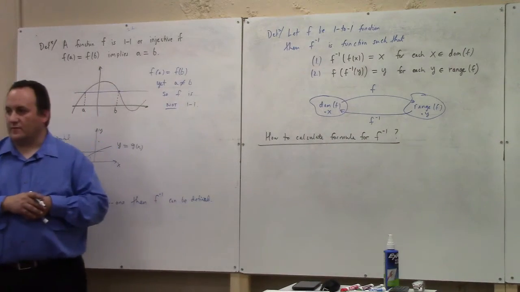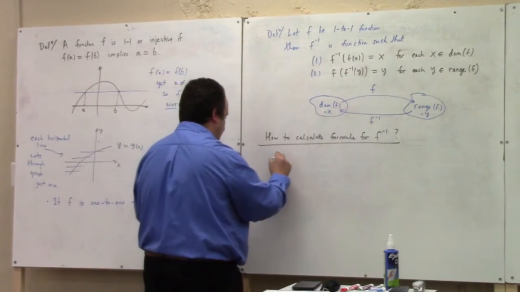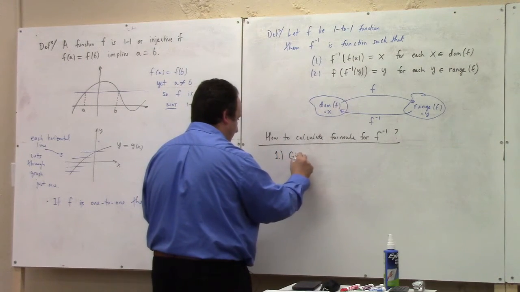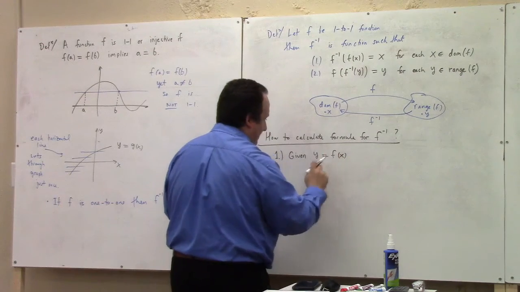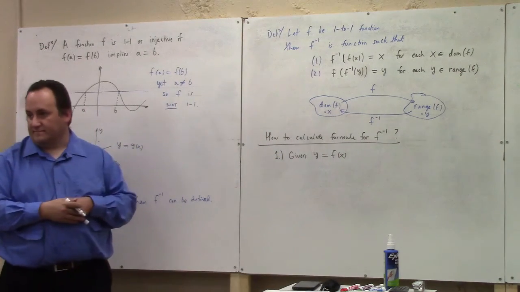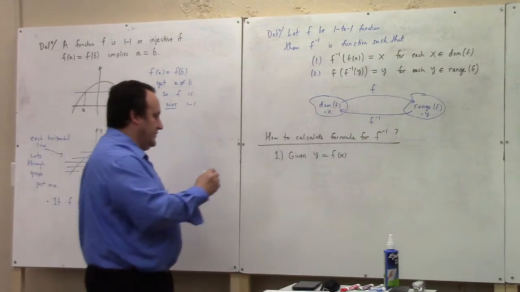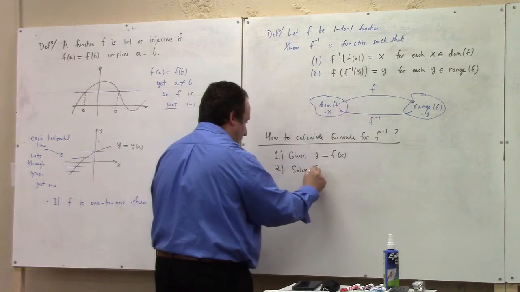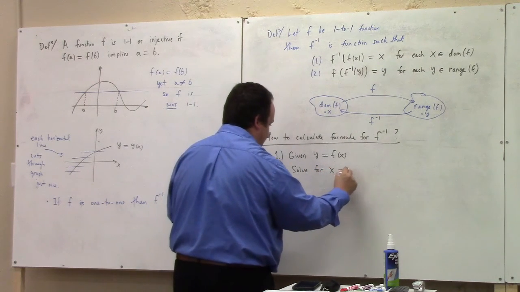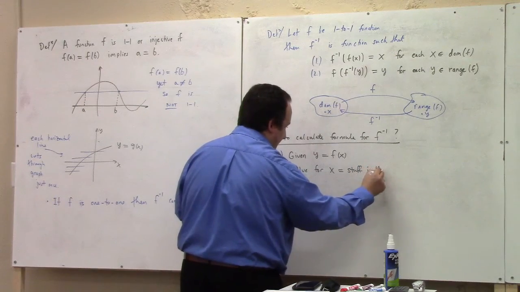All right. So here's an algorithm that'll work for you. Number one, you're given y equals f of x. You're given the formula for f. Then, point number two, you solve for x equals to stuff in y.